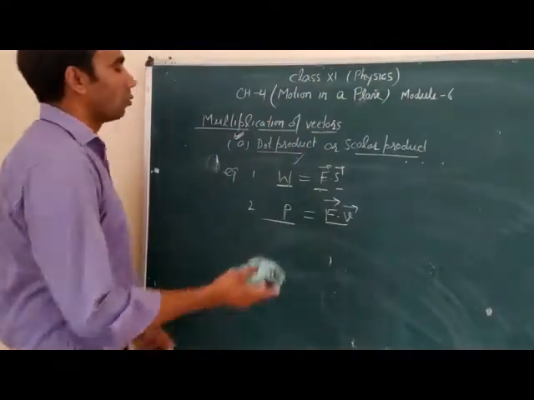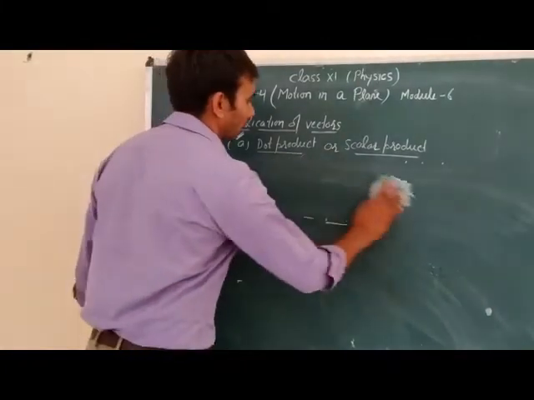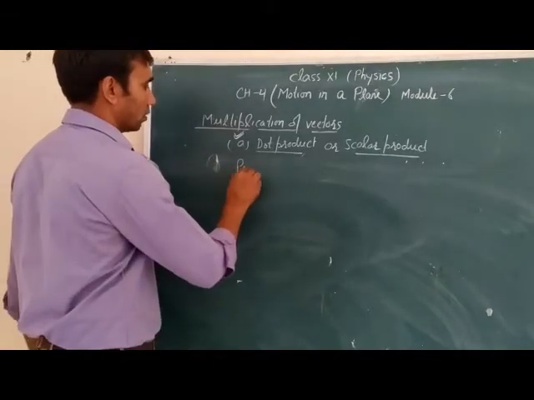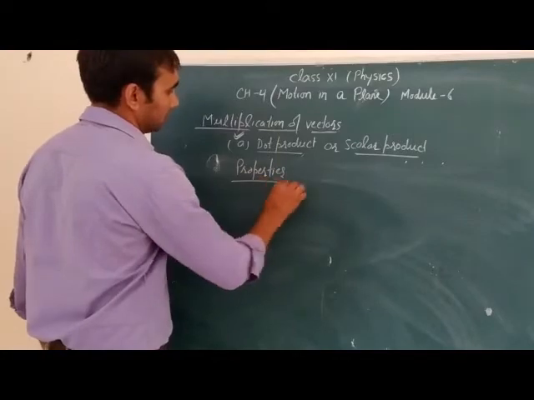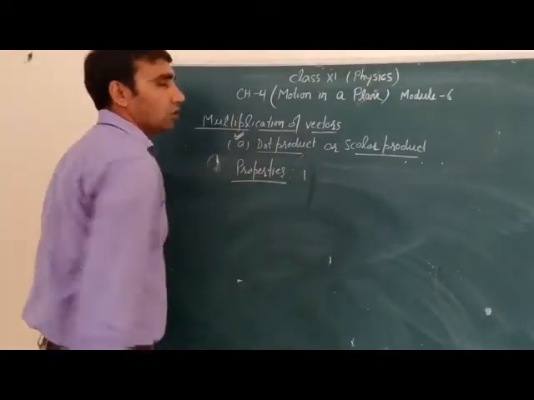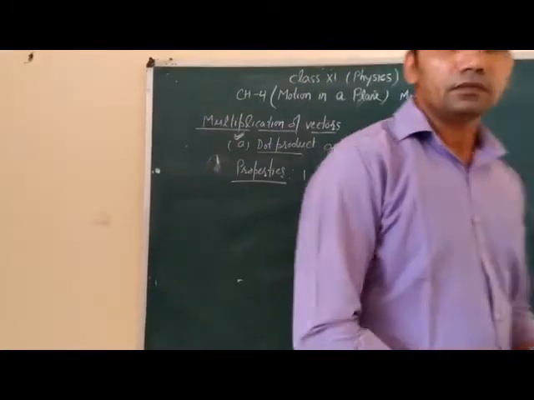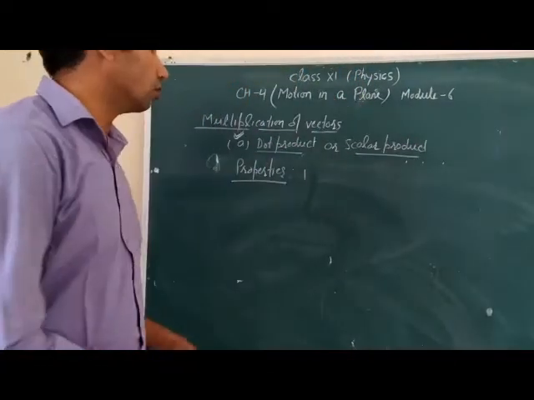Now, properties of the dot product of two vectors. First property: the dot product of two vectors is commutative.